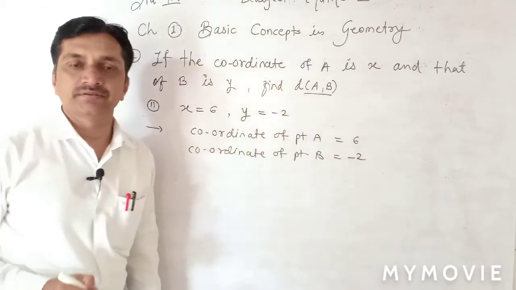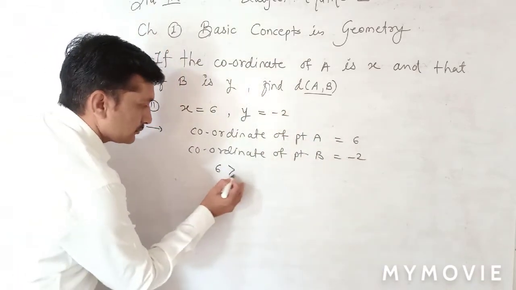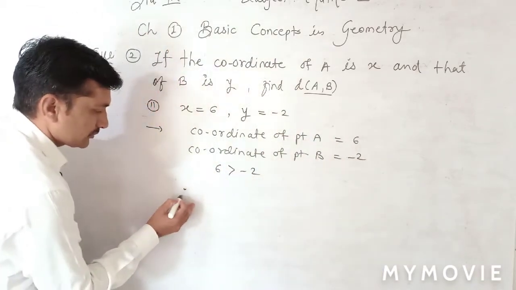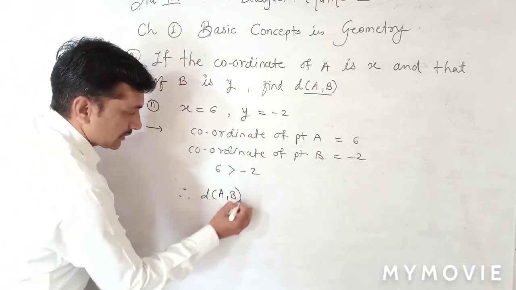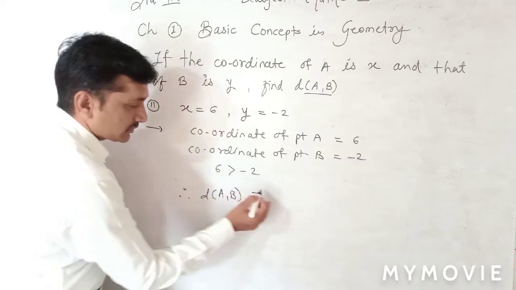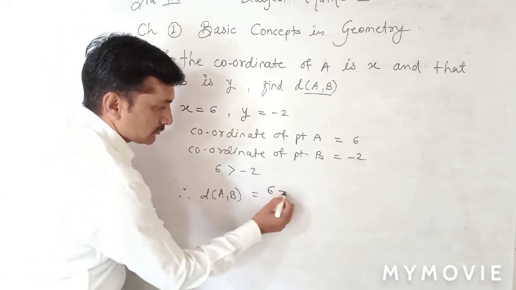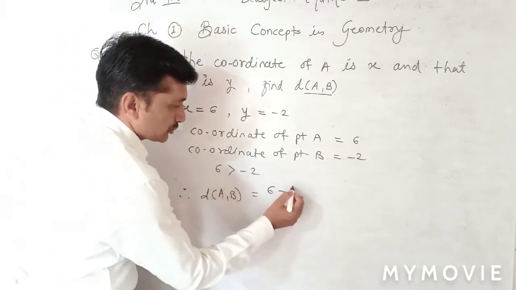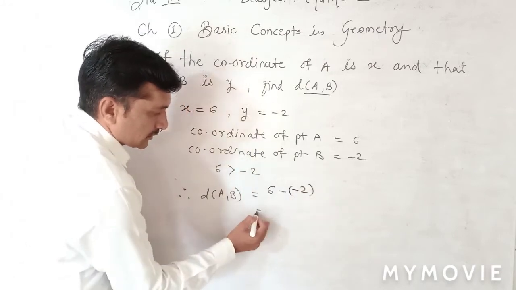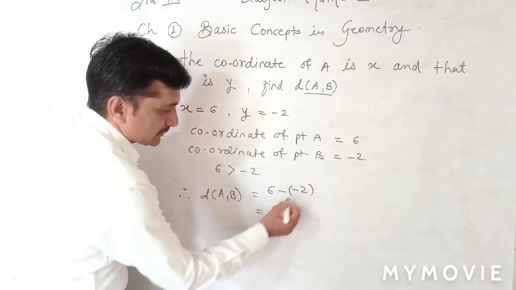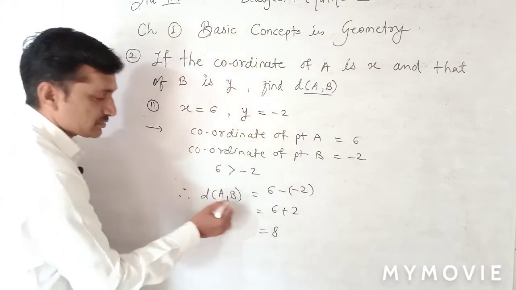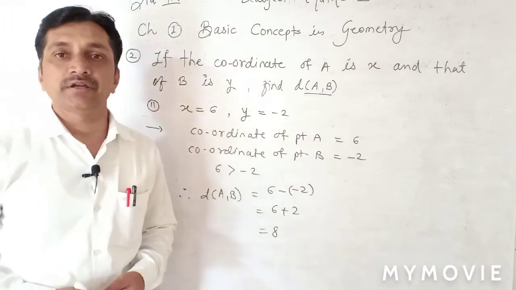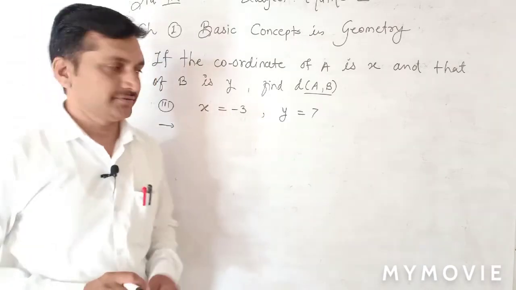Now here comparison. 6 is greater than minus 2. And therefore distance between A and B is greater coordinate 6, minus for subtraction, and smaller is minus 2. Now 6 minus minus is plus 2, 6 plus 2, 8. 8 is the distance between point A and B.